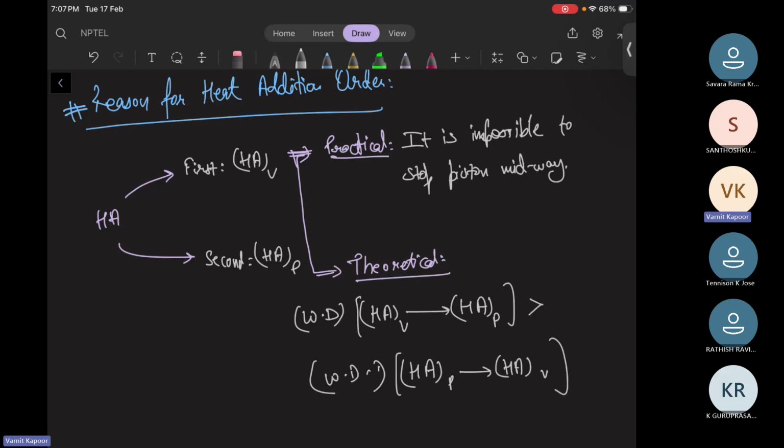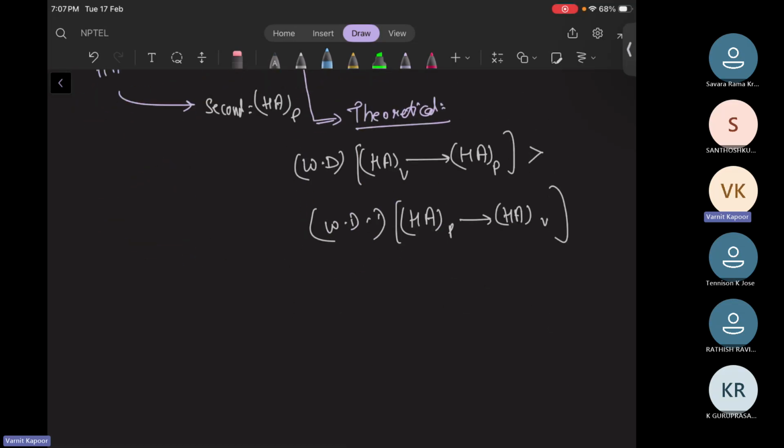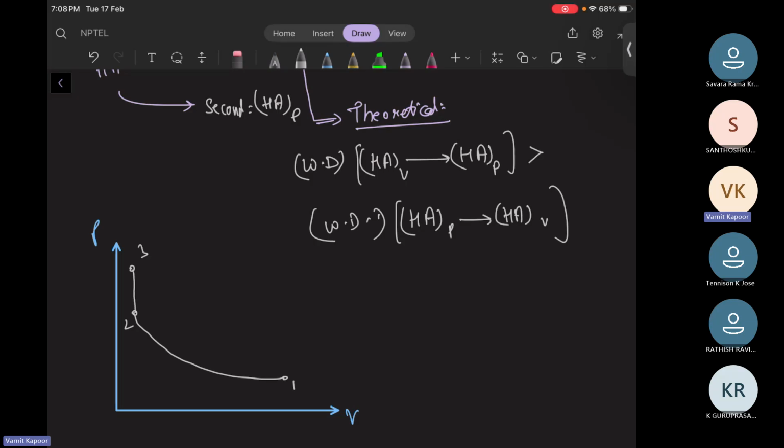Why? Let us make this graph, and then you will understand in a much more detailed manner. This is my PV plot, and the area under the pressure-volume plot gives us the work done. So if my process goes from 1 to 2, then my heat addition happens at constant volume, then at constant pressure.